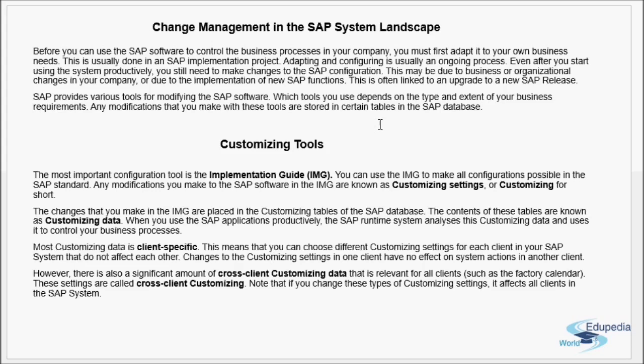Now, customizing tools. The most important configuration tool is the implementation guide, IMG. You can use the IMG to make all configurations possible in the SAP standard. Any modifications you make to the SAP software in the IMG are known as customizing settings, or customizing for short.